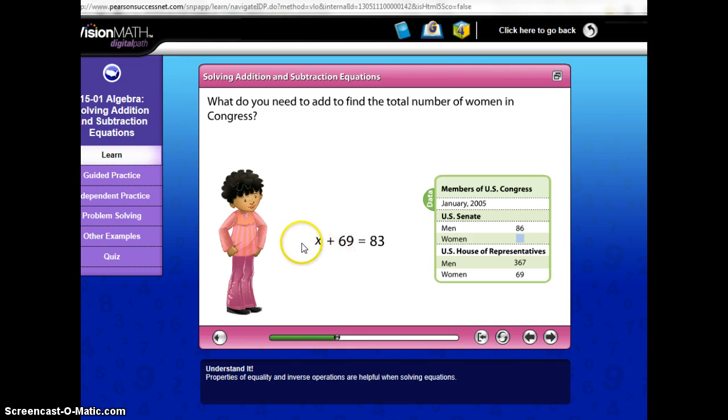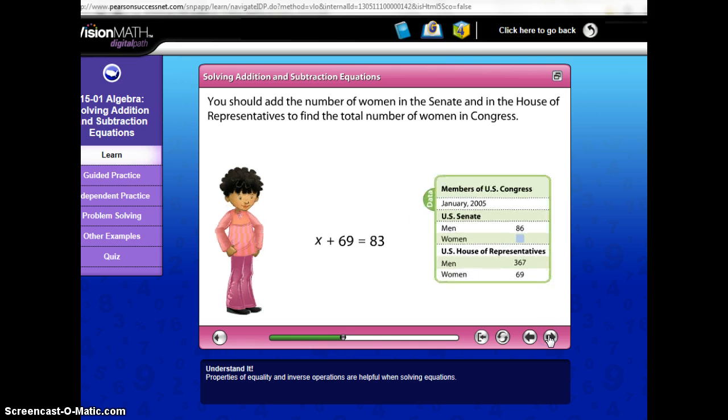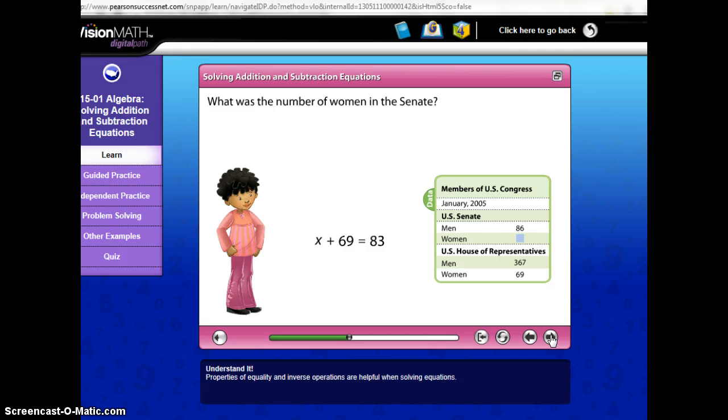We want to try to get x all by itself. So we are going to do the opposite of adding 69. We will subtract 69. But the rule is that what we do to one side, we also have to do to the other side. Doing that will help us solve the problem.